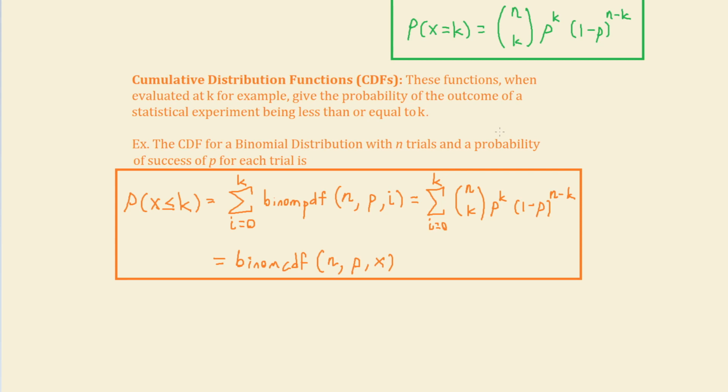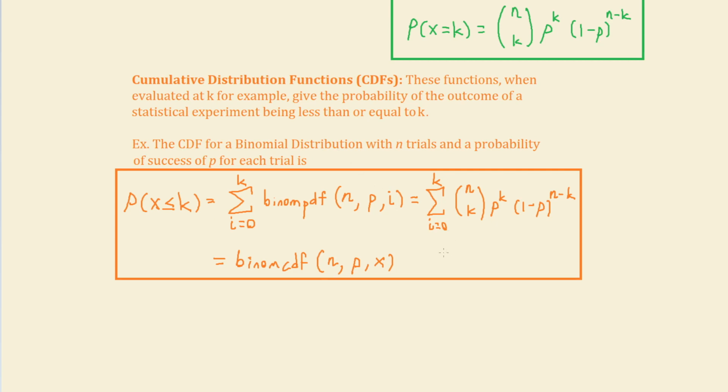So once again, I encourage you to pause the video and think about this, but I think this equation might be more intimidating than it actually needs to be. It's really just adding up the probability mass function for all of the possible outcomes that are less than or equal to your input.